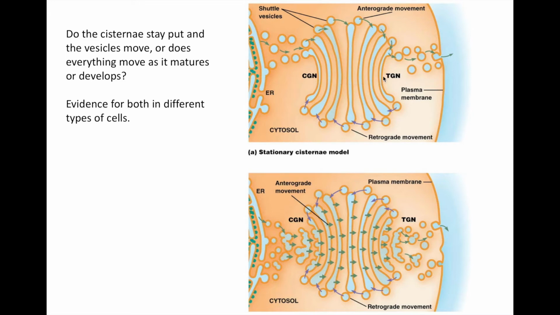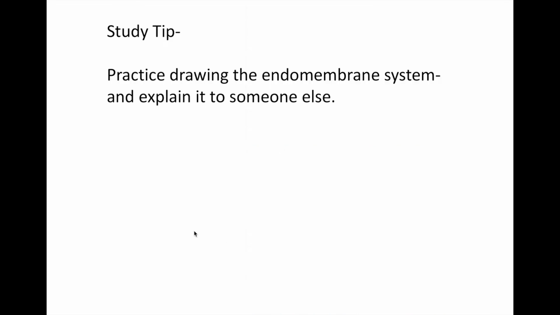Is this physically moving this way, or do these stay put and the vesicles fuse in and out? There's evidence for both types of systems in different kinds of cells. There's evidence that the membranes stay put and these vesicles move things from one set of membranes to another. And there's evidence in other kinds of cells that the membranes actually move, and that this becomes that.